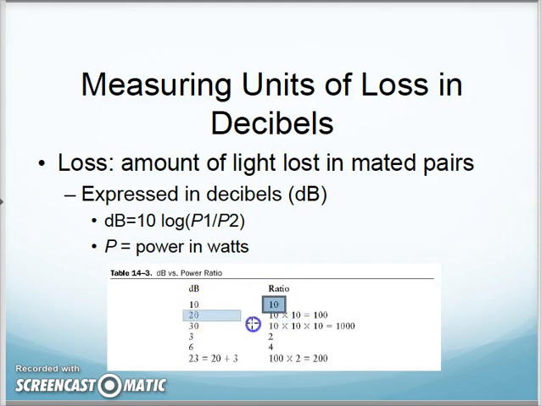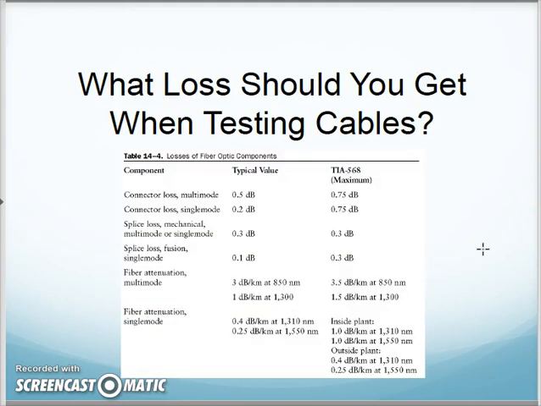Meanwhile, if I have a decibel rating of 20, it's really 10 times 10, which would be like 100. And 30, as you see here, is really 10 times 10 times 10, which is 1,000. So the value goes up exponentially. That's something just to be aware of. Our measurements being in decibels, things go up exponentially, either in gain power or loss power, if you will.